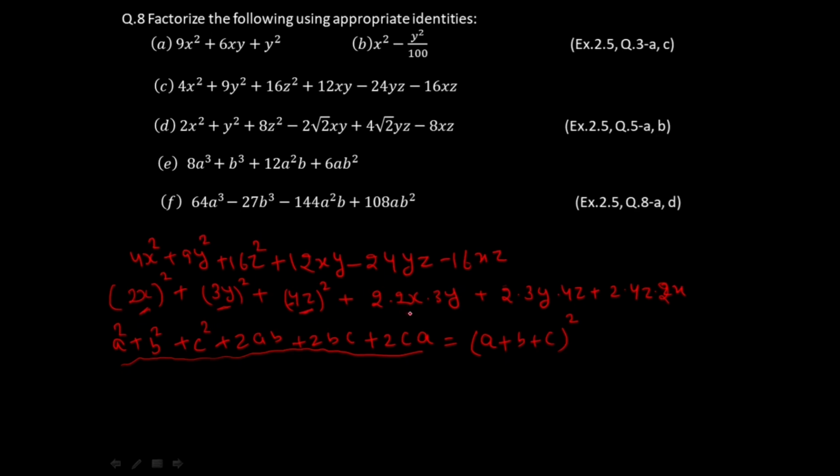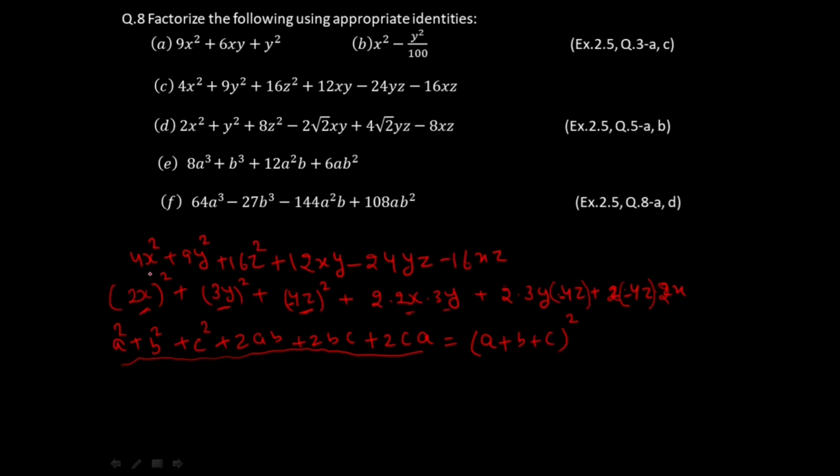So 2 times ab plus 2 times bc. What is c here? That is negative 4 times z. So I assume a is 2x, b is 3y, and c is negative 4z.